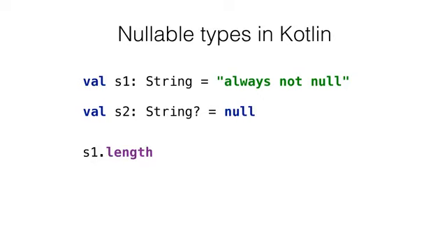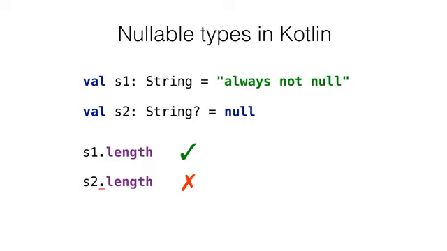The Kotlin compiler doesn't complain because it's sure that the variable is not null. However, if you try to dereference the value of nullable type, the Kotlin compiler says that's not possible because this expression of nullable type might be null under the hood, and it can throw a null pointer exception.